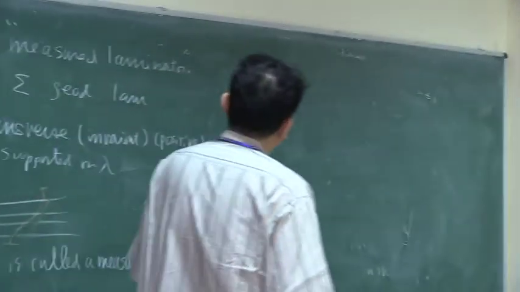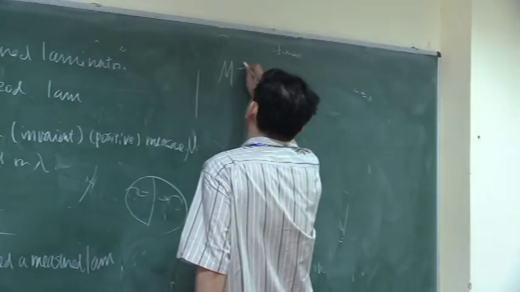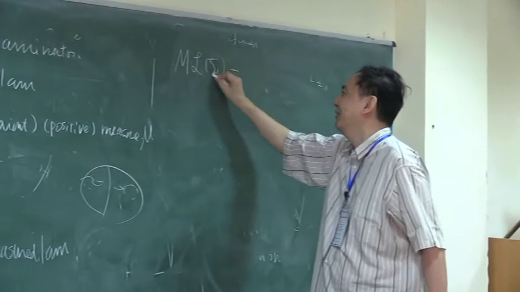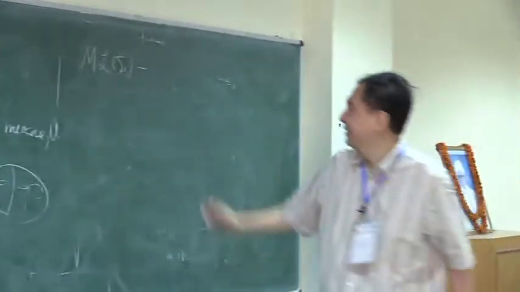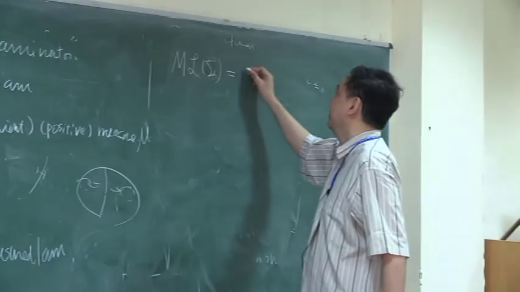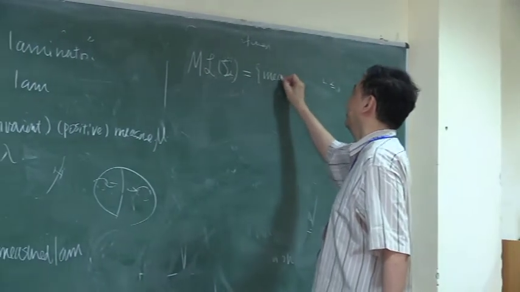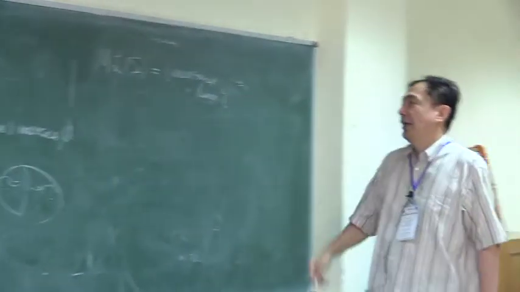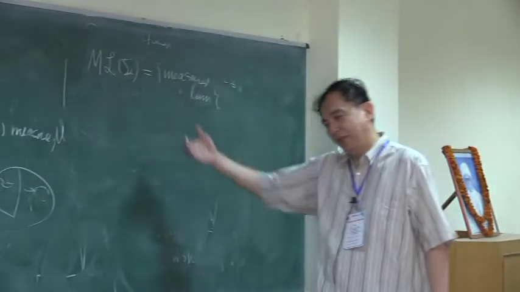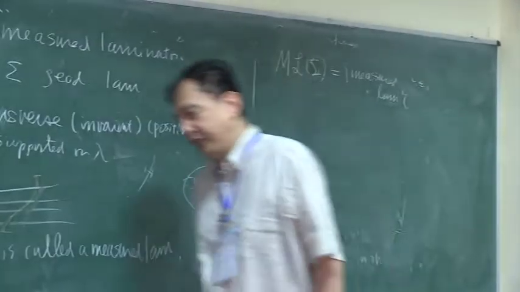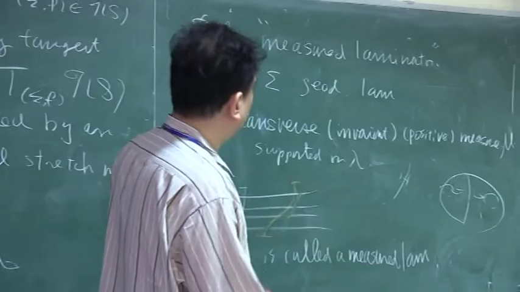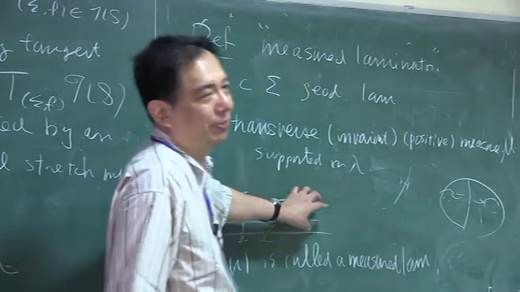Now, this is the space of measured laminations on sigma. And we can endow a topology on that set, the weak topology coming from the measure.